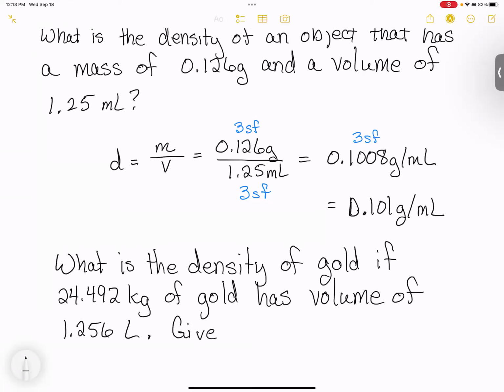Give the density in grams per milliliter.